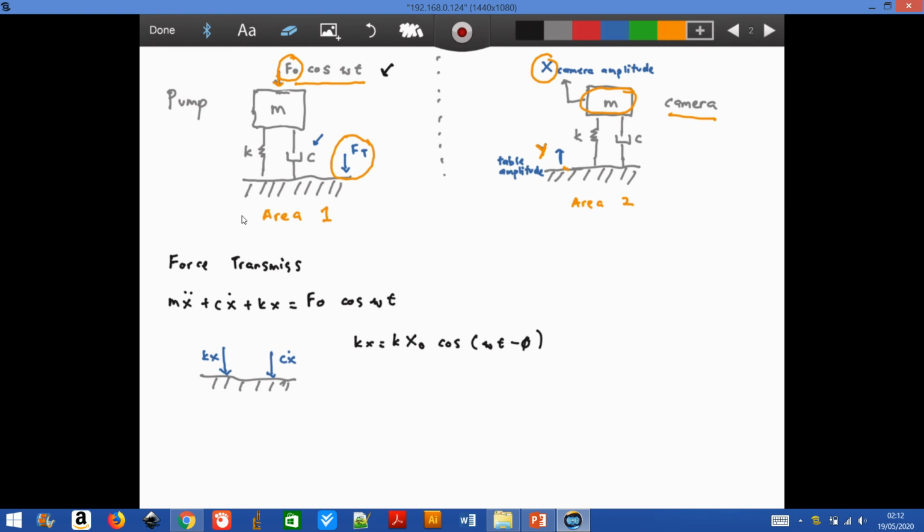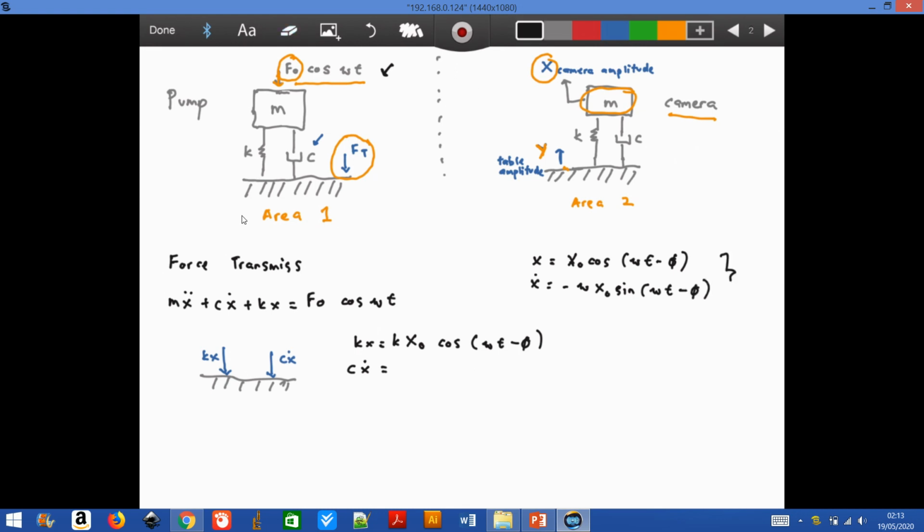Because we know that if we assume a general solution, x is xo cos(omega t minus phi). So for c x dot, if I differentiate the general equation, that becomes minus c omega xo sine(omega t minus phi).